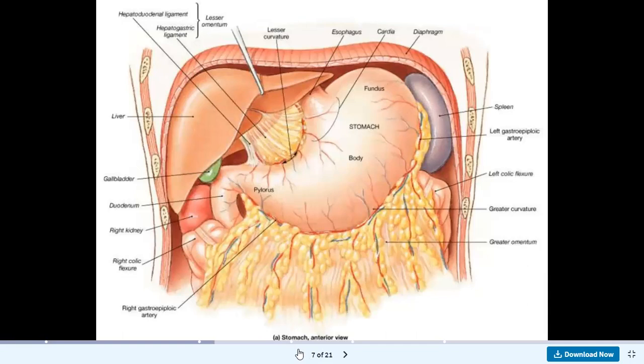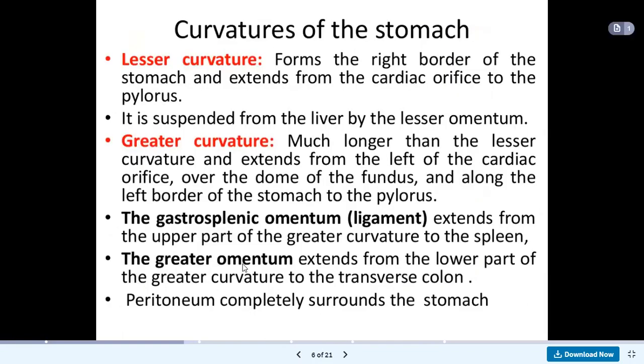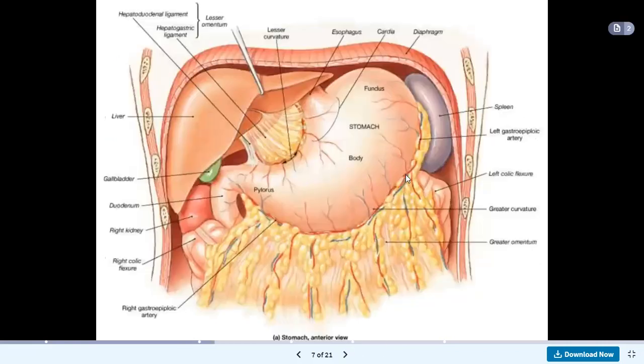And then we have also what we call the greater omentum. The greater omentum extends from the lower part of the greater curvature to the transverse colon. So where is the lower part of the greater curvature? So this is the lower part of the greater curvature.